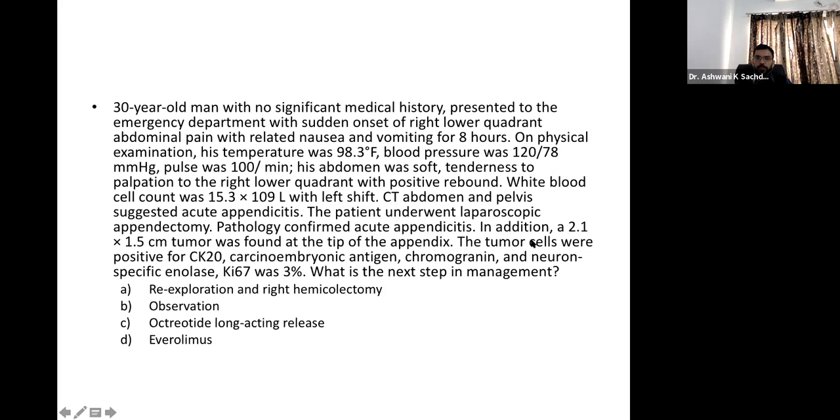And the size is 2.1 by 1.5, so it is T2. In neuroendocrine tumors, if the size is more than 2 centimeters, then our next step of choice is re-exploration and right hemicolectomy.